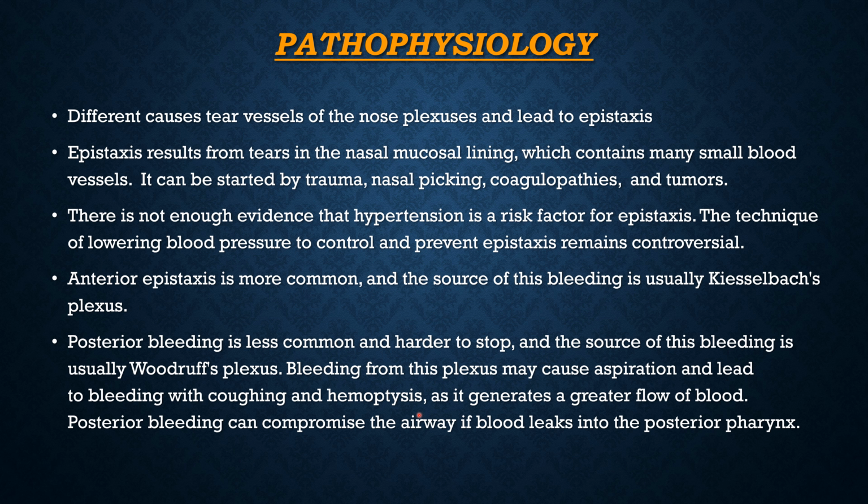There can be aspiration of blood, which can lead to bleeding from the mouth while coughing, and bleeding while you are vomiting. So in such cases, we can see the bleeding. Posterior bleeding can compromise the airway if blood leaks into the posterior pharynx. So this is the basic pathophysiology of epistaxis.